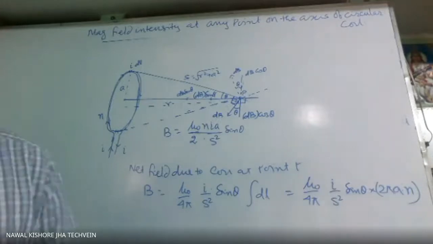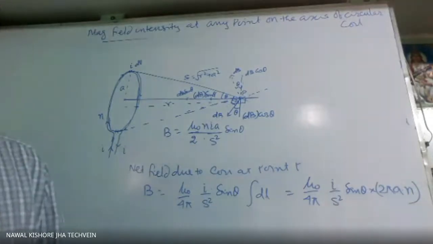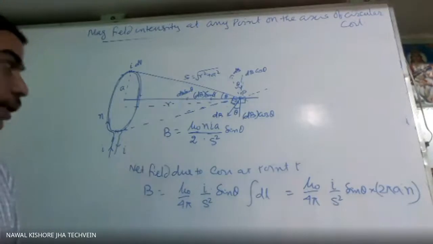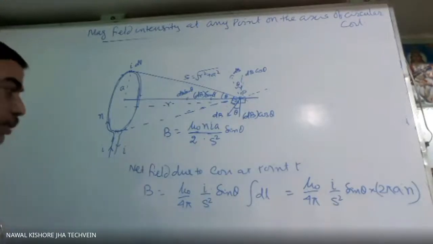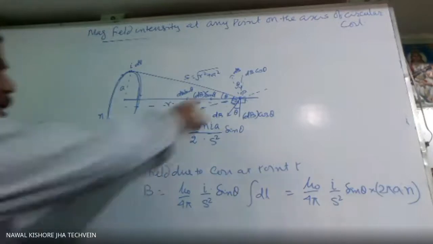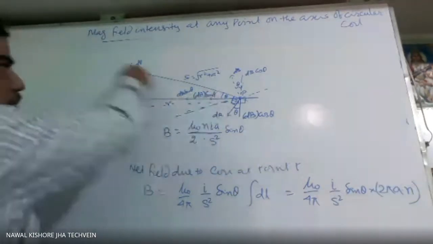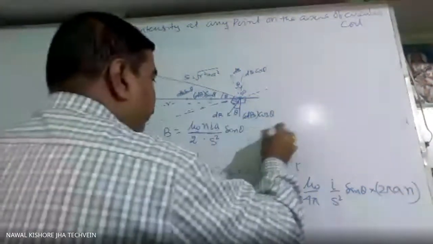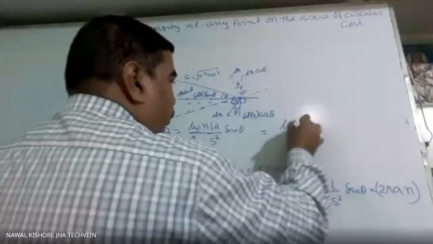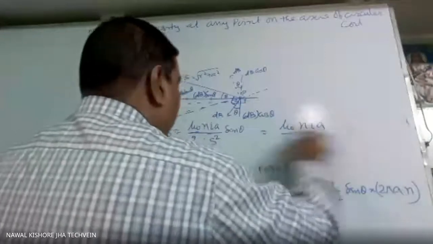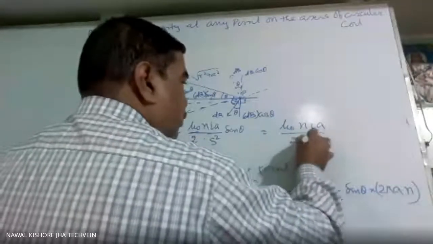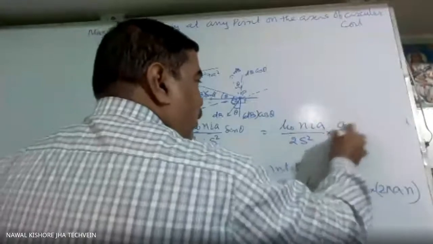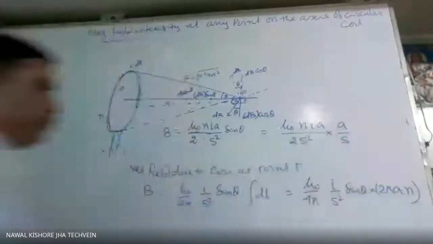Is it correct? Okay. Now we'll substitute the value of this sin theta. This sin theta will be, this is the perpendicular, this is the hypotenuse. So in place of this, it will come mu naught n I a over 2s square into a by s.